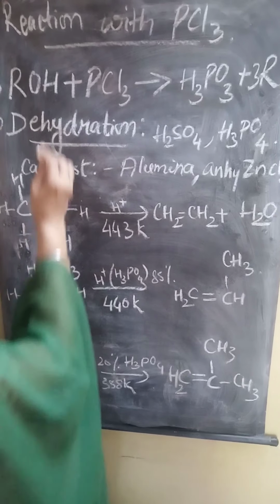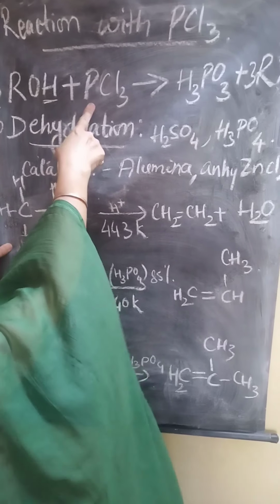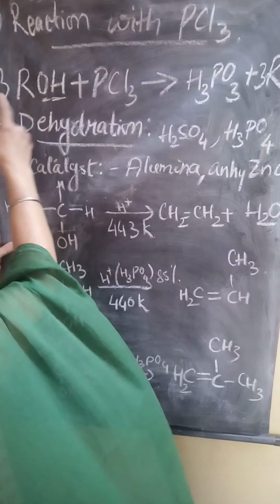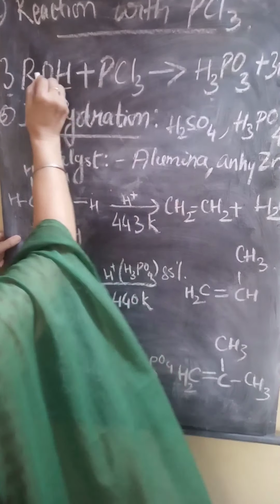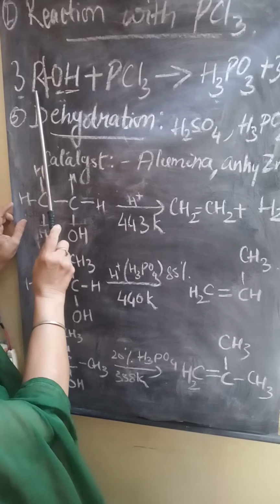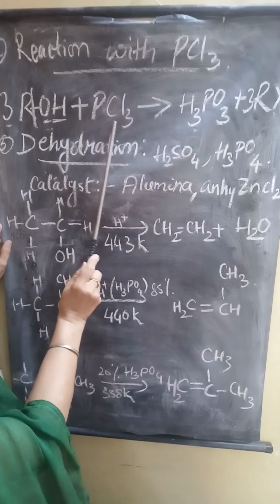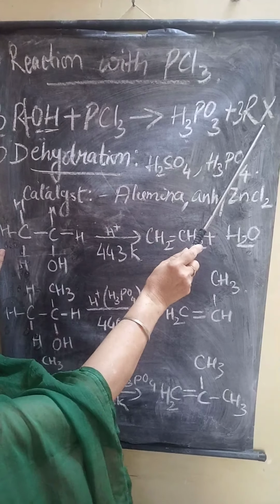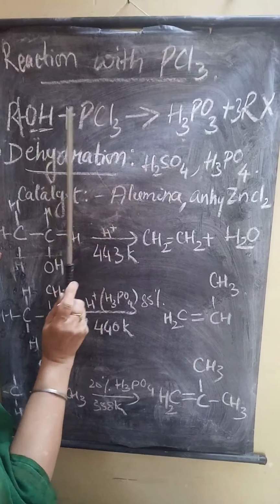How is it forming? Three hydrogen atoms and three oxygen atoms from the alcohol combine with phosphorus, so the bond between the oxygen and the alkyl group gets broken, and this R combines with chlorine and forms alkyl halides. This is the second reaction showing the breaking of the bond between carbon and oxygen.